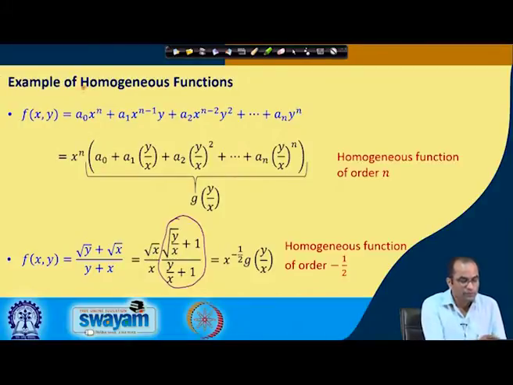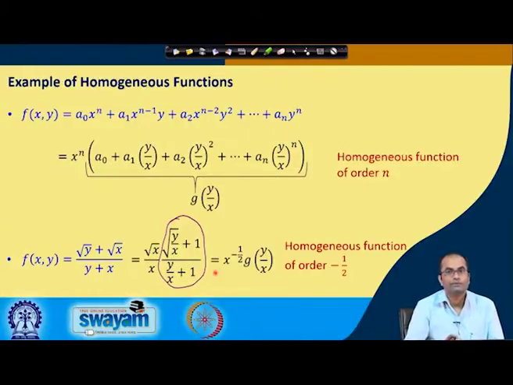So, what is the importance of these homogeneous functions? We will see in the next slide. So, based on these orders, for example, here it was n or here minus half, we can have some formula for the derivative term in terms of this n.